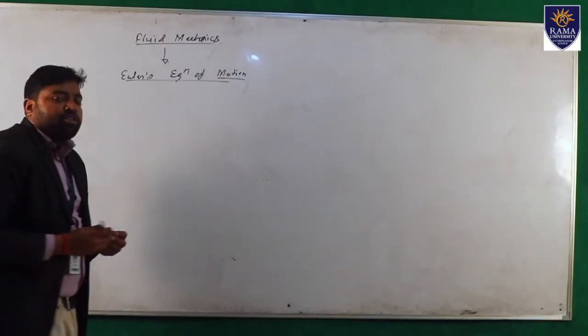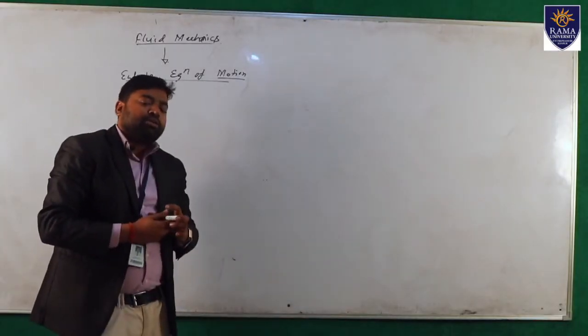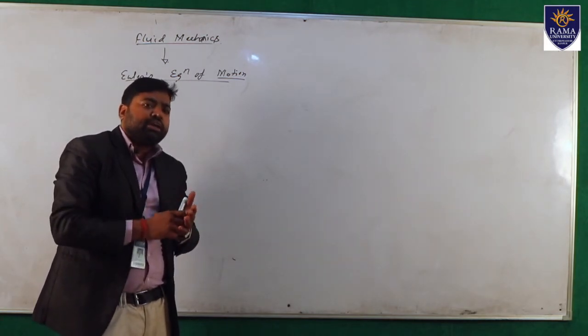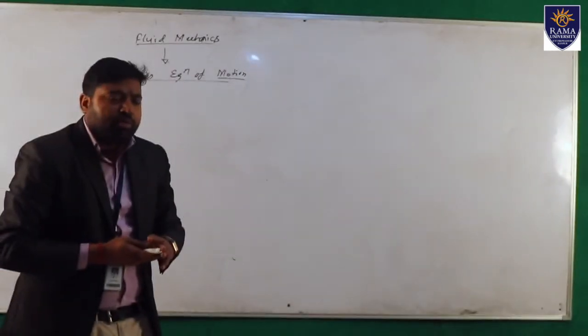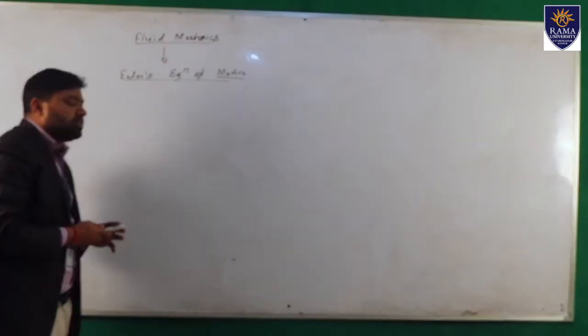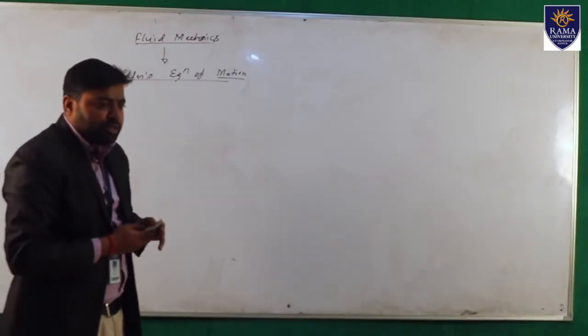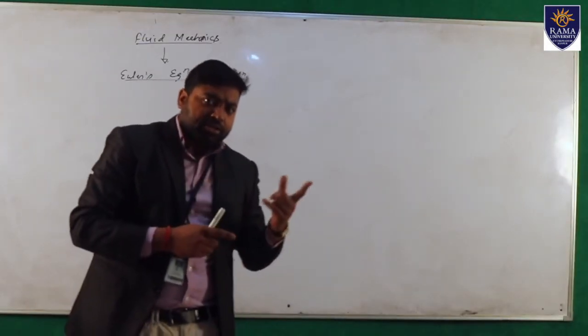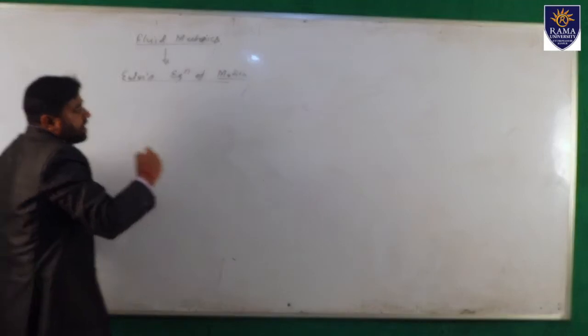Euler equation of motion is very important because when flow occurs, there are a lot of forces acting on the fluid elements, and these forces are important to analyze in the real world. The Euler equation of motion consists of only two forces, but we first study how many forces act on the element.